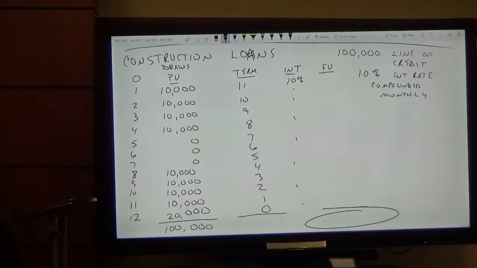Does that make sense? Yes or no? So we find the future value for each of those months? Yes, but we have a shortcut. Ooh, like to hear it. Okay.